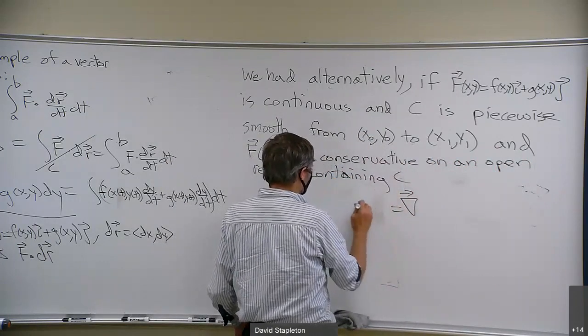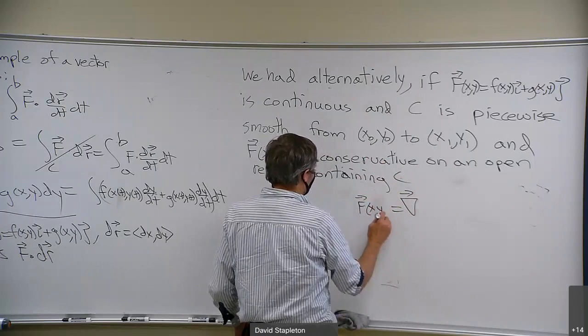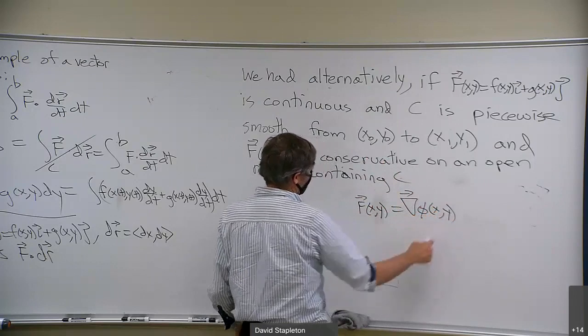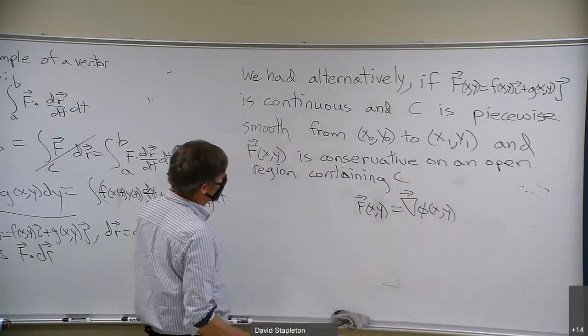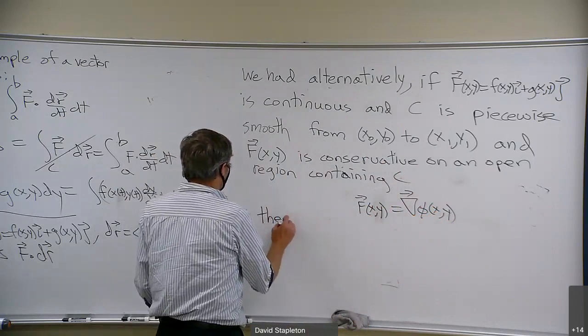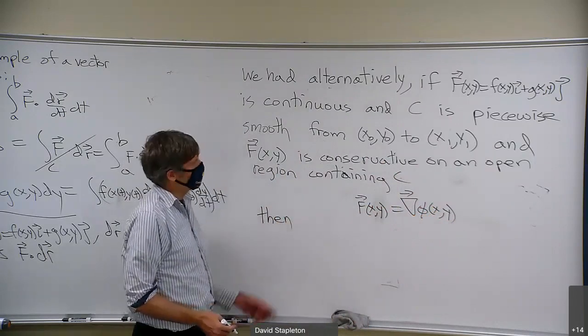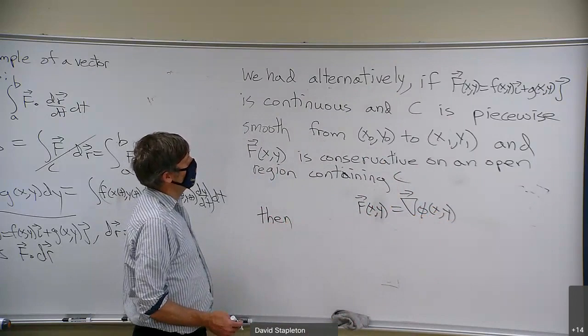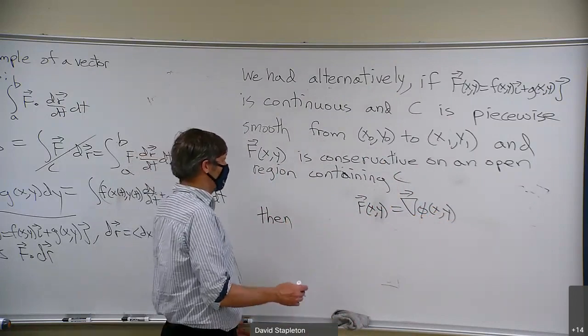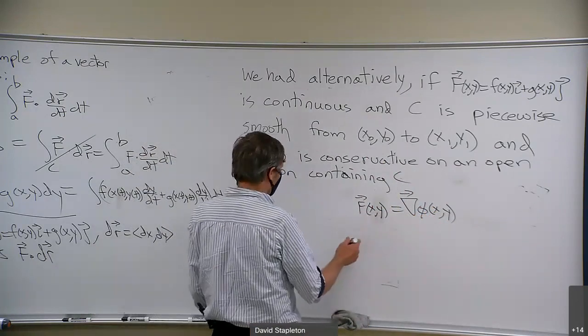So in 2 dimensions, it's F of x, y equals gradient of scalar function phi of x, y, just an ordinary scalar function. Then it becomes trivial no matter how complicated the piecewise smooth path. It can have a million billion different pieces, and they can be twisty turning all you want as long as they're smooth.